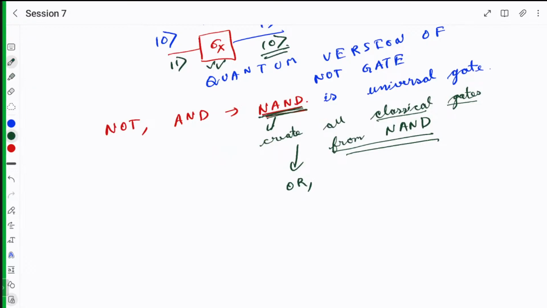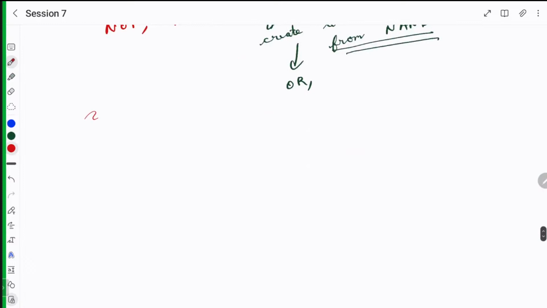Okay, so now moving on to some basic ideas of quantum circuits. In general, you would have an n qubit system. So it's a general quantum circuit that I'm trying to describe to you. If there are n qubits, what will be the Hilbert space?